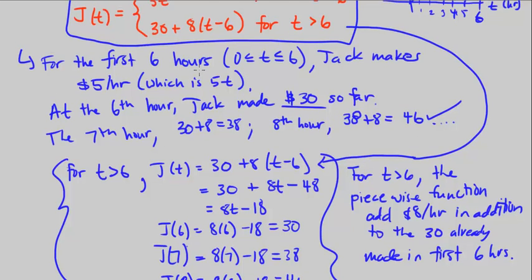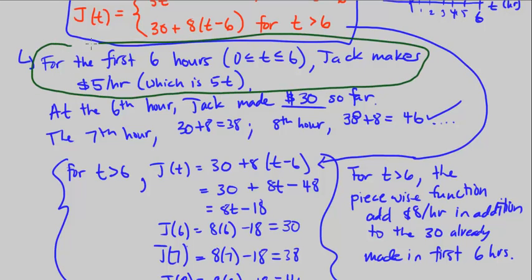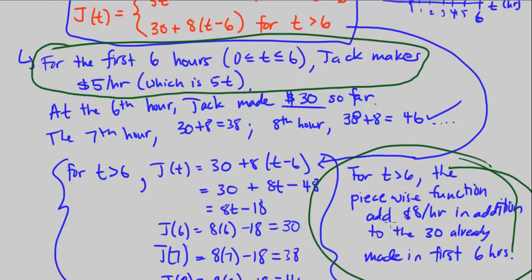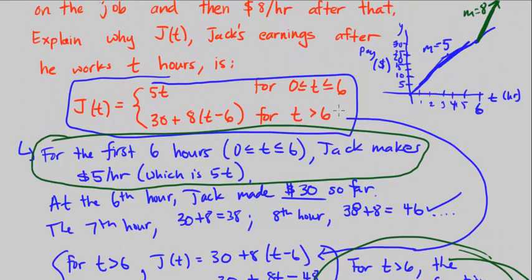So this is just the explanation then. I know it's kind of wordy, but this is kind of the thinking process. For the first 6 hours, Jack makes $5 an hour, right? And then for t greater than or equal to 6 hours, the function adds $8 an hour in addition to the $30 that he already made in the first 6 hours, okay? So that's how it works. That's the explanation.